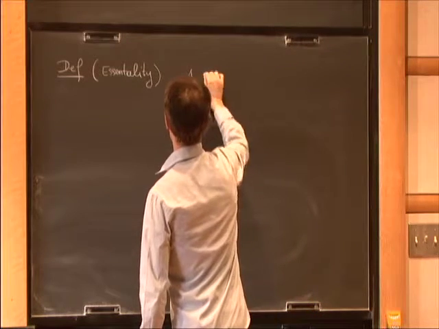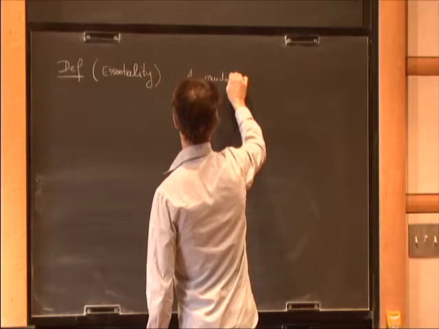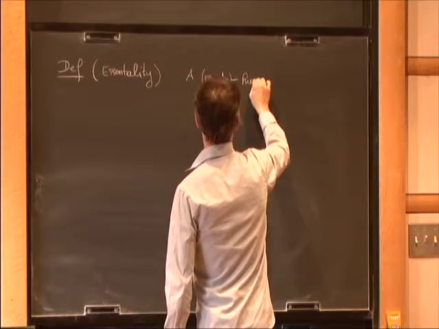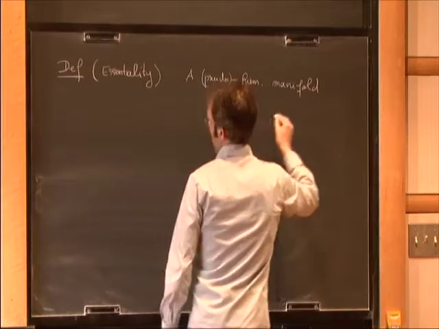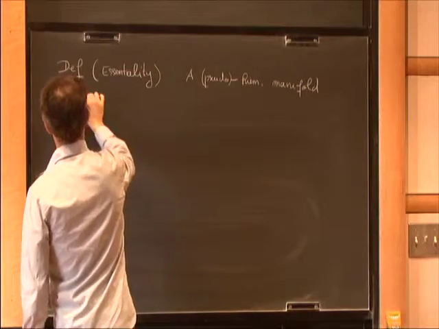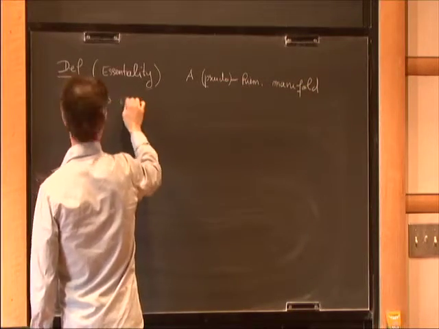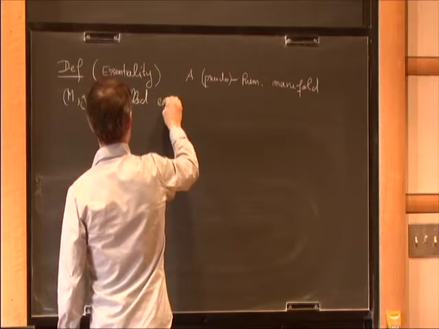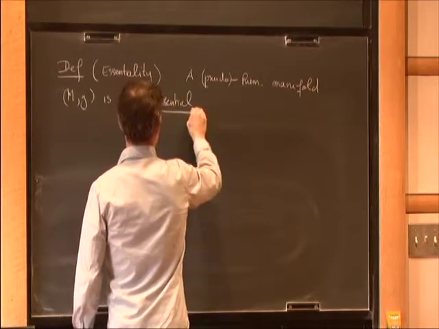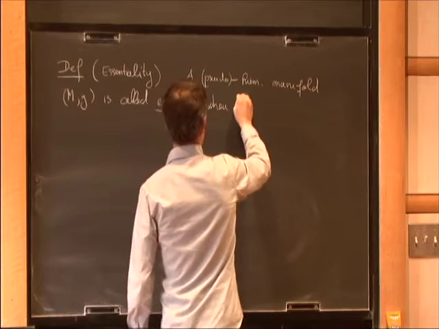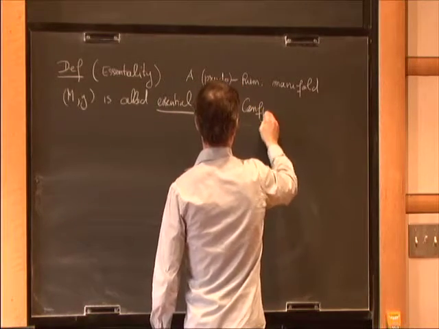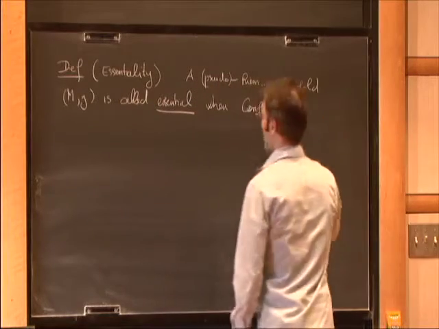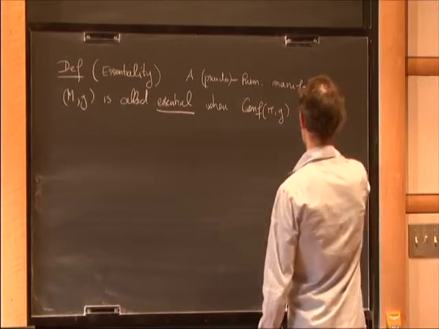A pseudo-Riemannian manifold (M,g) is called essential when its conformal group does not preserve any metric in the conformal class.